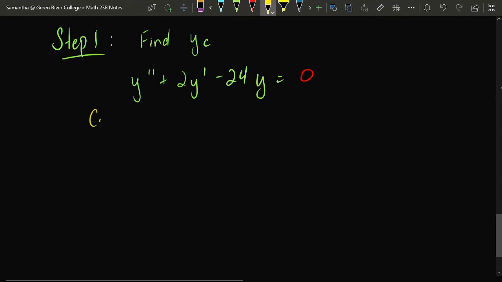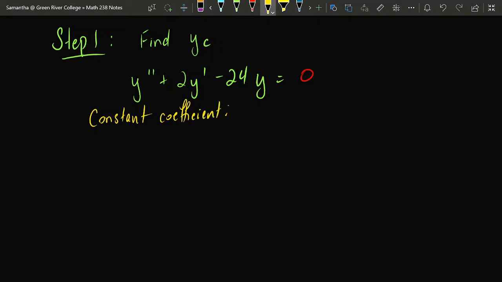Once again, we have a differential equation with constant coefficients. So we're going to guess that our complementary solutions have the form y equals e to the rx, which gets us the auxiliary equation r squared plus 2r minus 24 equals 0.